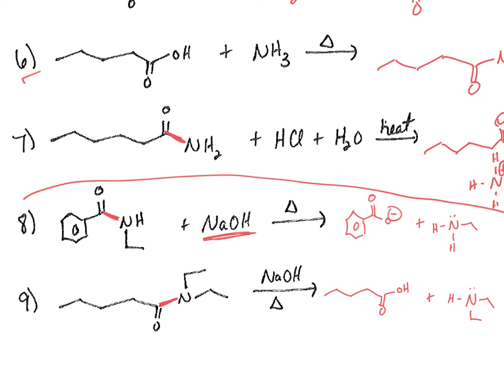And then keep in mind that we're in a base, so I'm going to erase that hydrogen again and give you a negative charge right there. Again, these two problems do not list water. You should assume that water is available to you to make those reactions happen. I hope that helps. We'll see you soon.